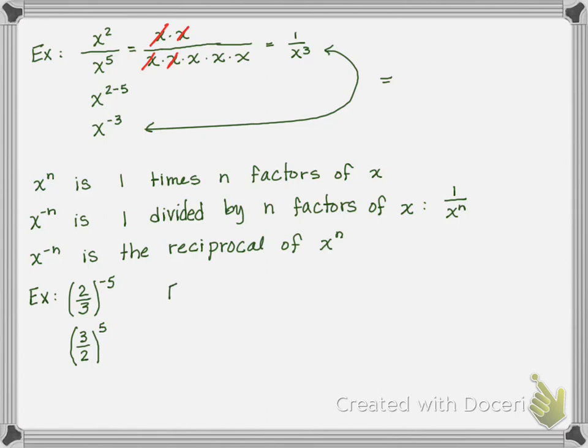So similarly, if we had 1 over x to the negative third, well, the reciprocal of that would be x to the positive third, technically over 1, but when we divide by 1, we don't need to write it, so I'll just leave it there. So it really just means that if it was in the denominator, the negative exponent will give us a positive exponent in the numerator, and vice versa.